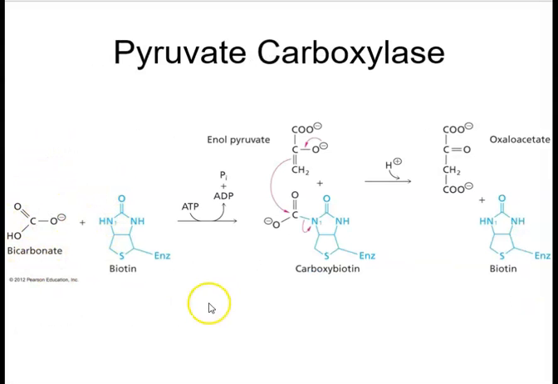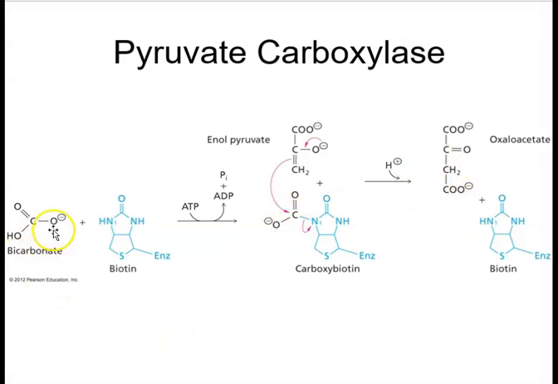In this example, here's pyruvate carboxylase, turning the enol pyruvate into oxaloacetate. So this is actually the buildup we can create from smaller compounds like pyruvate. We can create bigger compounds, where we add on a CO2 group.